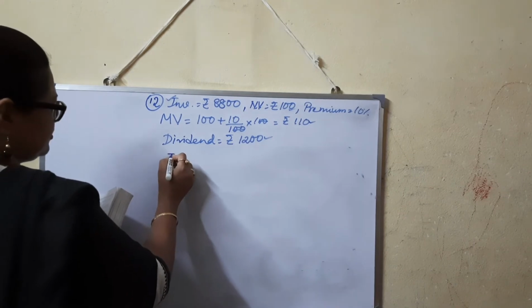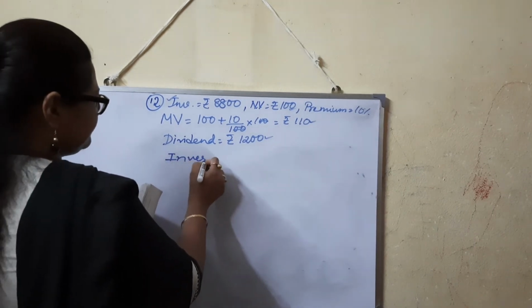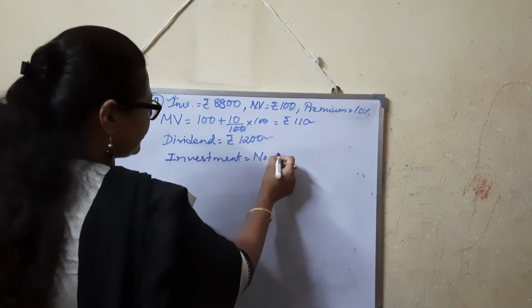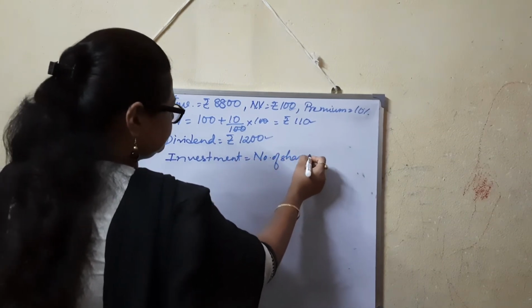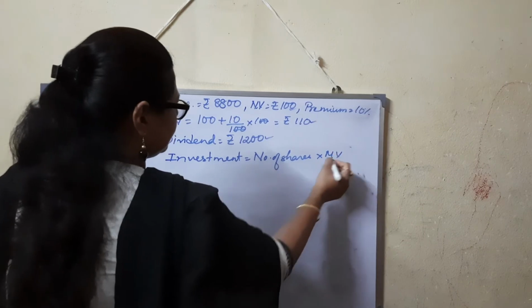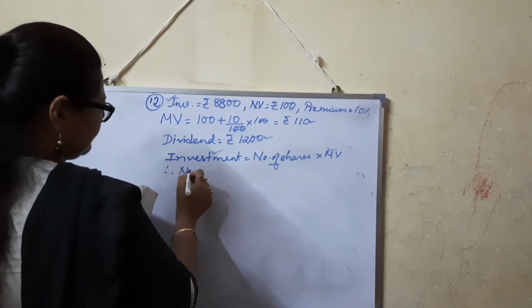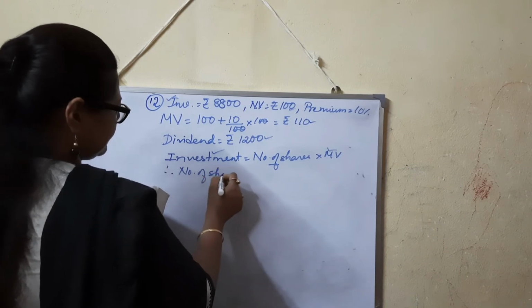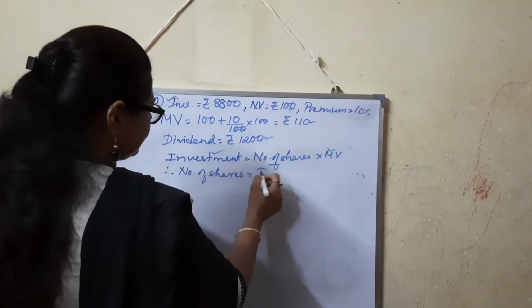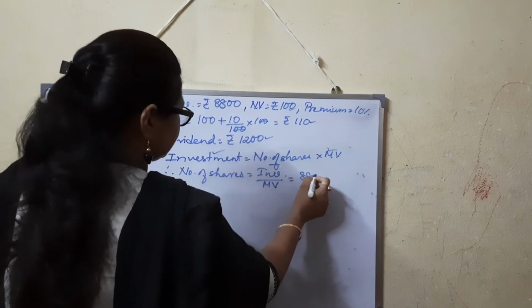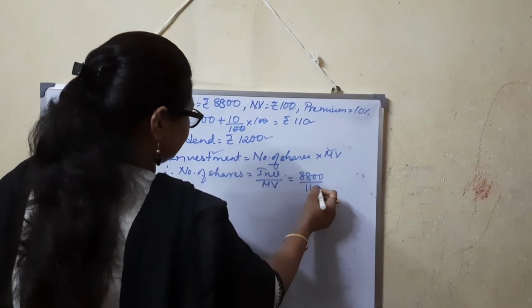How? The formula is investment is equal to number of shares into market value. We know this, we can find this out. Therefore, number of shares is equal to investment by market value, which is 8800 by 110.